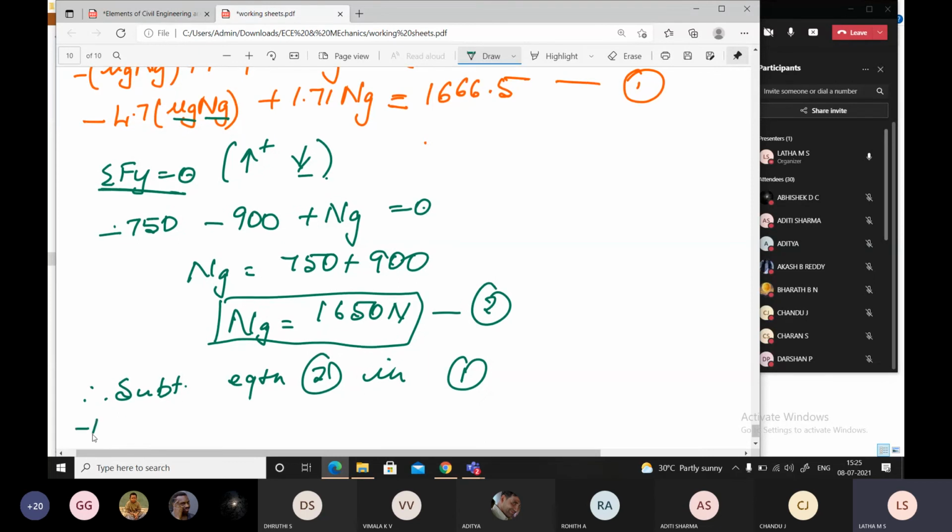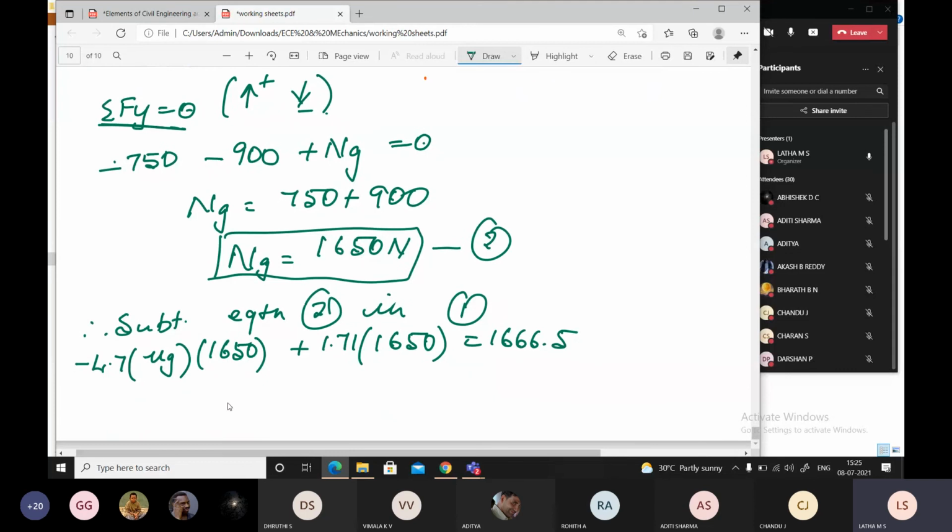Minus 4.7 mu g times NG which is 1650, plus 1.71 times 1650 is equal to 1366.5. So with this, what do you get mu g as?